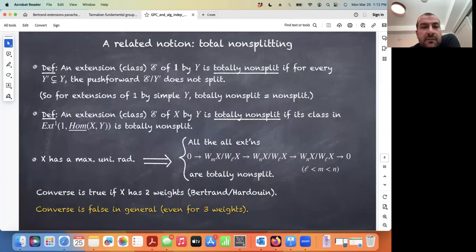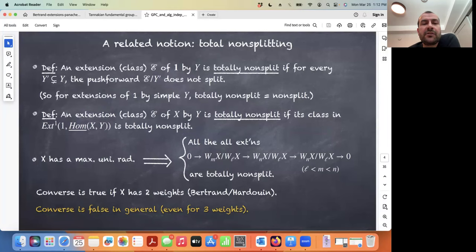Now, this was for extensions of 1 by some object. More generally, if you have an extension of some object x by some object y, we're going to say that the extension is totally non-split if, first, you think of the extension as an extension of 1 via the canonical isomorphism that you have between Ext(x, y) with Ext(1, internal Hom).